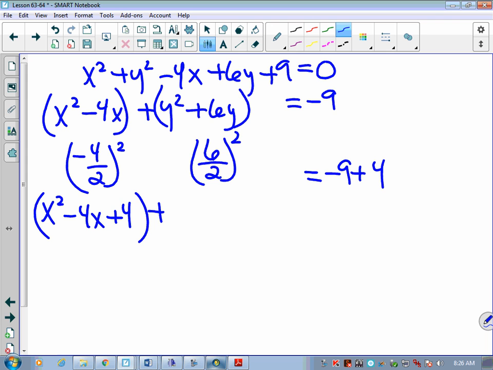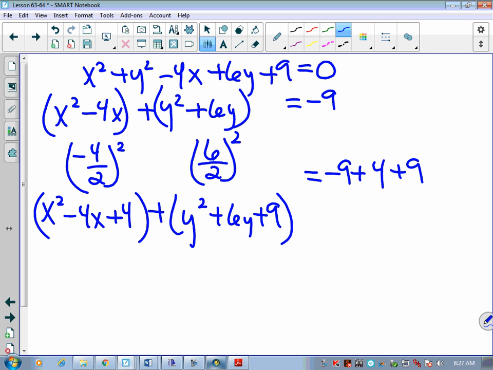Then we're going to do the same thing with our y squared portion. So 6 divided by 2 is 3. 3 squared is 9. So this is y squared plus 6y plus 9. Over here we're going to add that 9 there. So what ends up happening with the 9s? They cancel out.